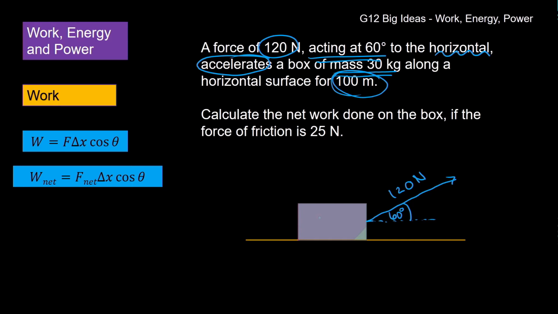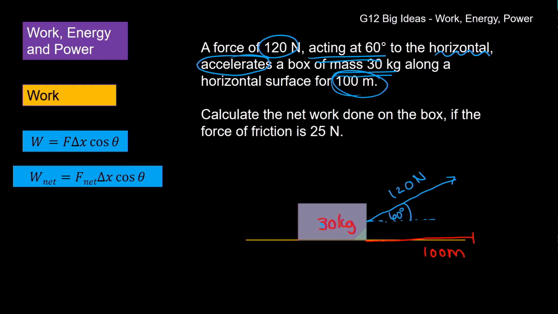Oh, we can't see that color. Let me change the color. The box is 30 kilograms. Okay, I think I've got everything that I know. Oh no, what about the displacement? The displacement would be 100 meters.